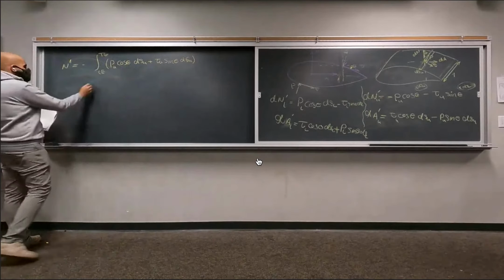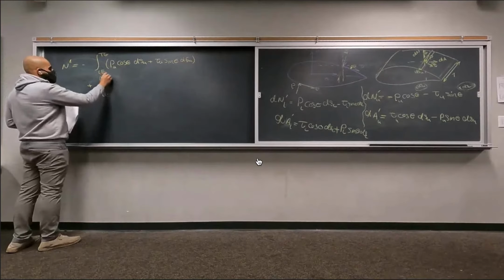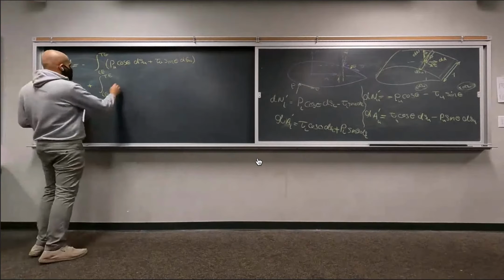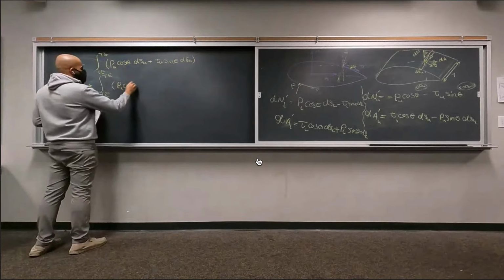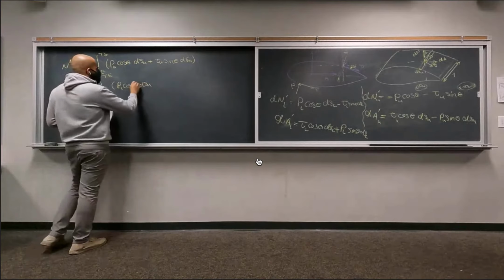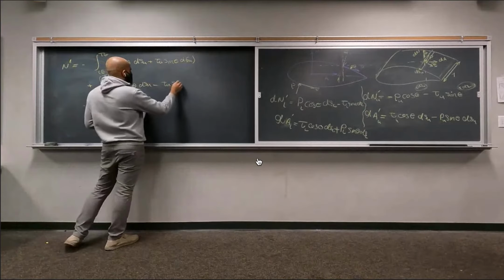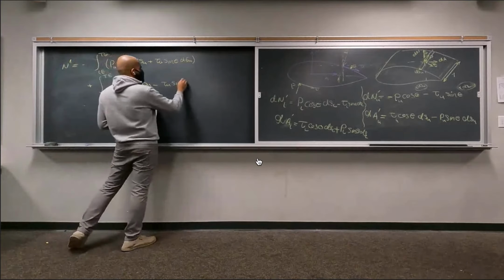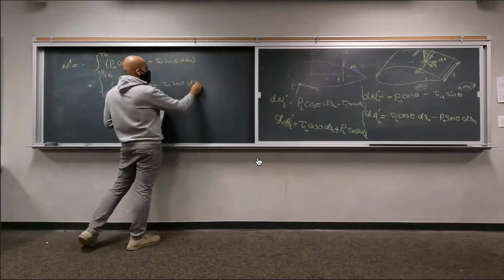Then you want to do the lower surface. So leading edge to trailing edge of PL cosine theta dSL minus tau L sine theta dSL.